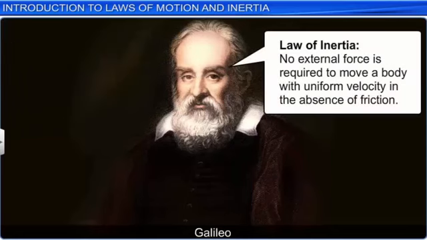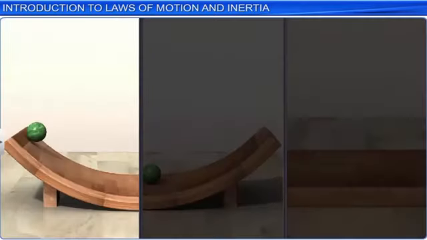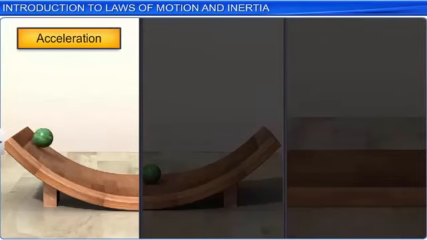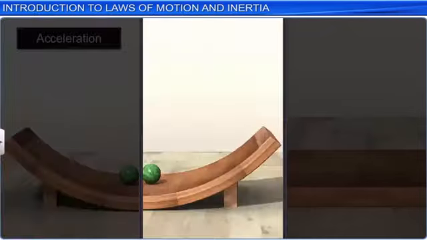Galileo conducted 2 simple experiments before postulating the law of inertia. The first experiment was with one inclined plane. A roller rolling down an inclined plane on its own accelerates. A roller rolling up an inclined plane on its own retards.